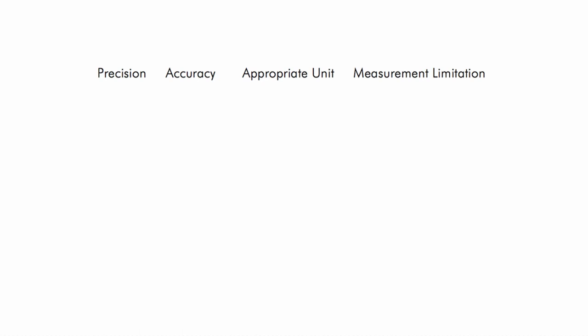So for our vocabulary today, we're going to talk about these 4 words: precision, accuracy, appropriate unit, and measurement limitation. This is one set of words. This is one as well. Although precision and accuracy are different things, they're quite different, actually, today we're going to group them into the same category and generally talk about how precision and accuracy are talking about the closeness.